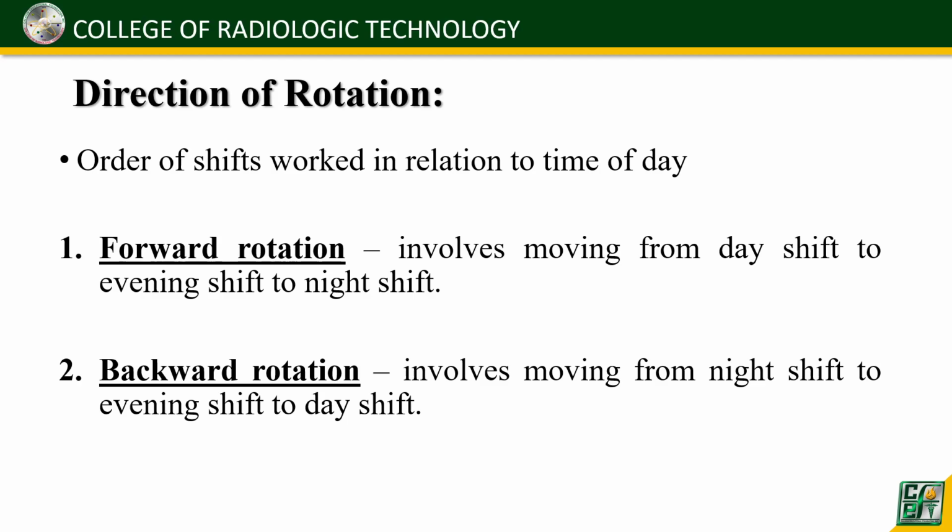Ibig sabihin paabante. Backward naman is from night shift ka this week, magiging evening shift ka next week, and then the week after, day shift ka naman. So yan yung order of or direction of rotation. Okay? So madali siyang tandaan. Forward and backward rotation. Okay? May question po ba?